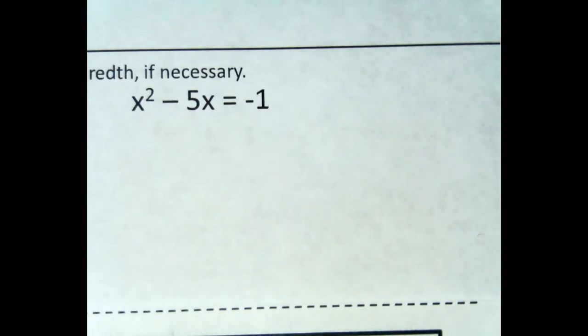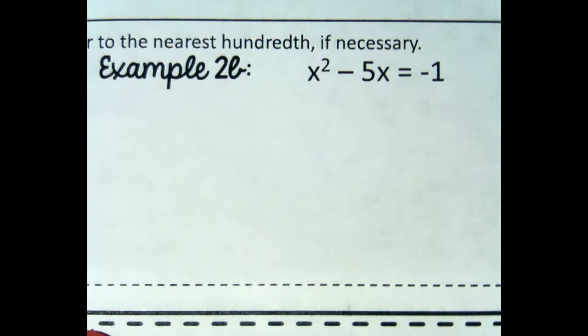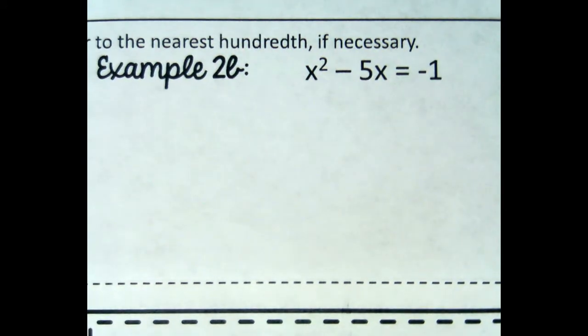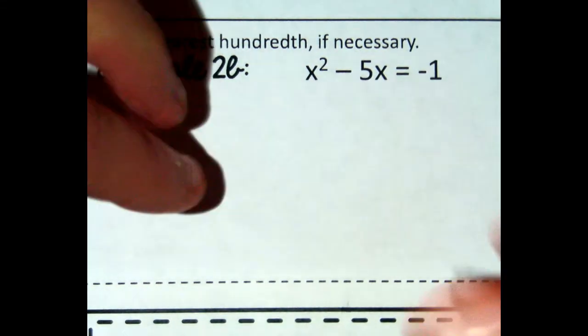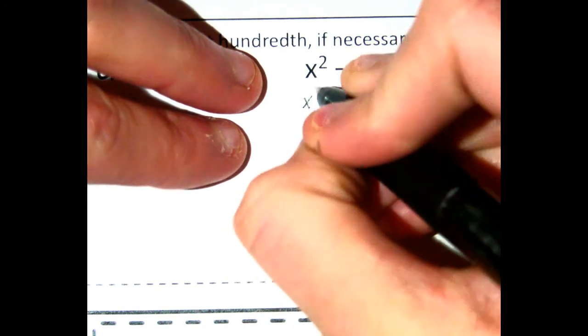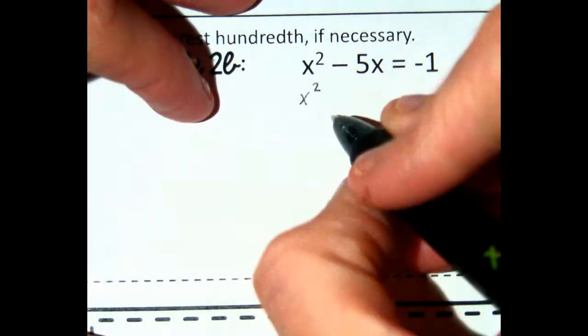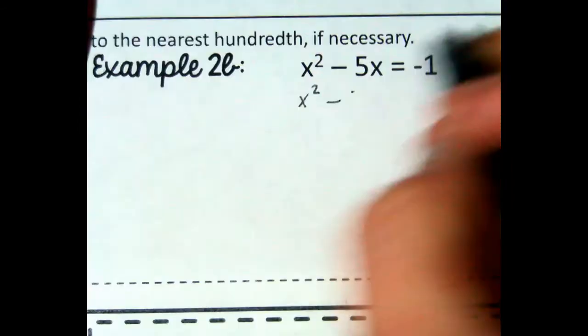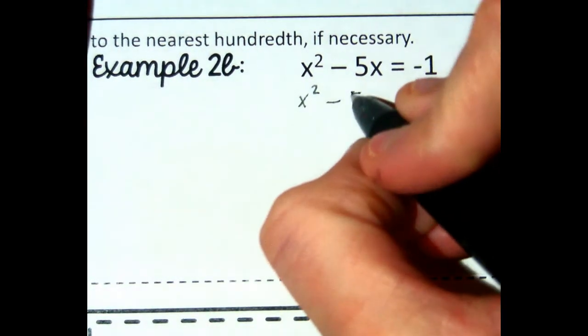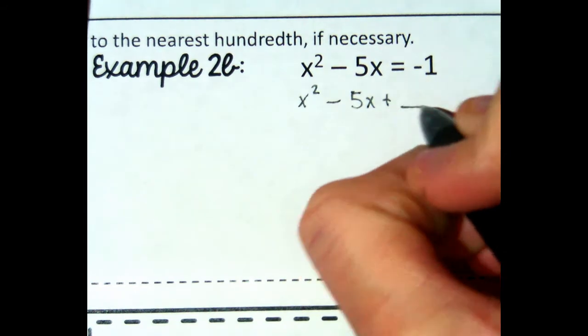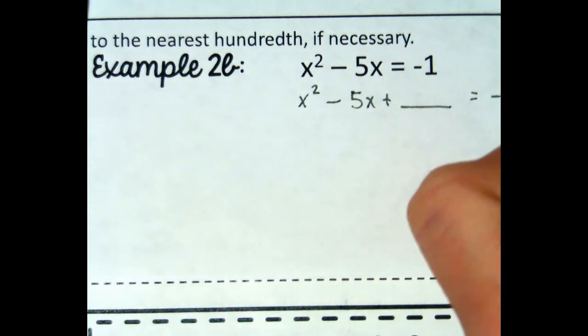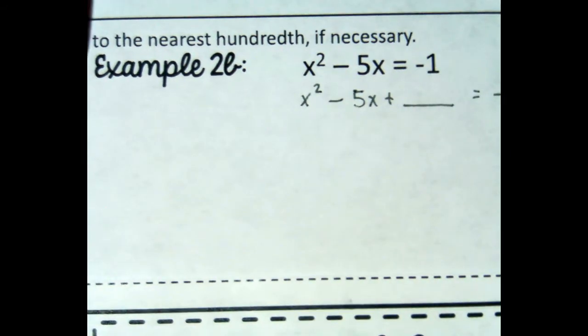Alright, number 2b. What is the first thing you do? Negative 5 divided by 2. I actually need a blank first, because some of you are forgetting to put your blanks on both sides. Okay. Negative 5 over 2 squared.